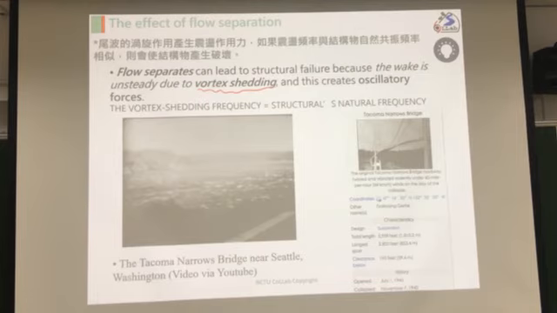Like a building. In Taiwan, say the building is a 10-floor building. You divide 10 floors by 10 and you get 1, so the natural period of the building is 1 second.